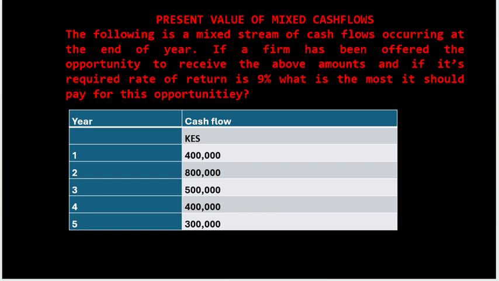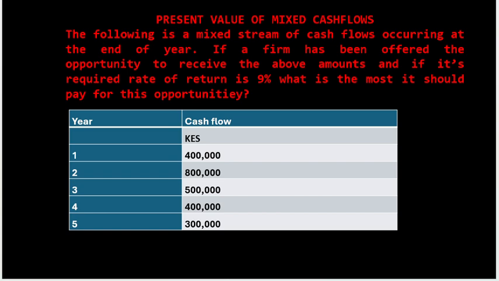So it has an opportunity which is going to generate cash flows in the future, and the firm has a cost of capital, or required return, of 9%. You want to find out the present value of these opportunities for the purpose of making a proper decision on how much they should be willing to pay for this opportunity.